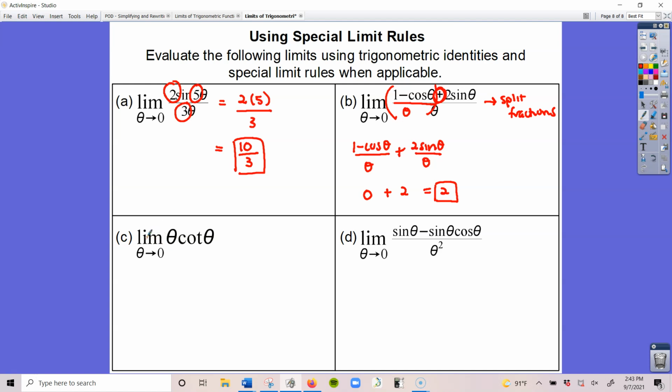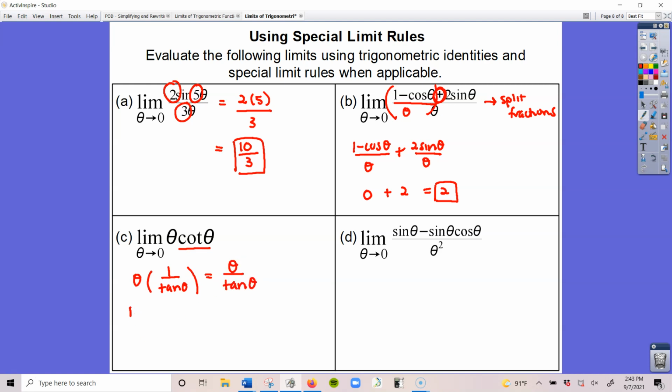Over here we have the limit of theta cotangent theta. Now think of your special limits. We only have special limits for sine, cosine, and tangent. I know that cotangent is 1 over tangent, so I can rewrite this as theta times 1 over tangent theta, which if we multiply that, gives me theta over tangent theta.